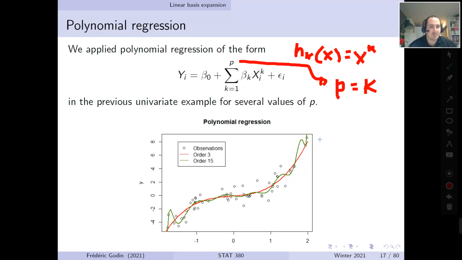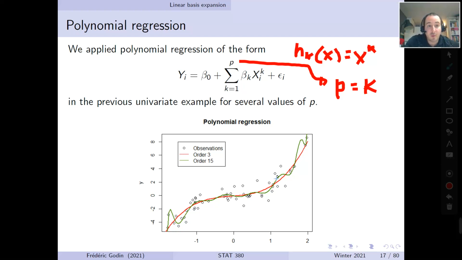This makes sense because we simulated the original data with a cubic function plus a noise term. So if we run order 3 regression, provided that the estimated betas are close to the true betas of the cubic function we used to simulate data, we should have a very good fit.